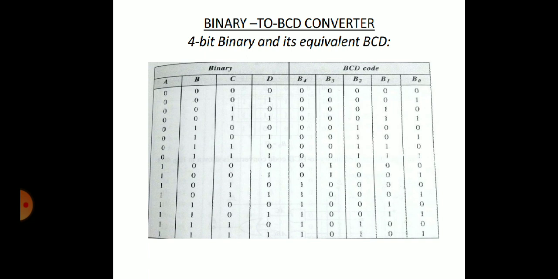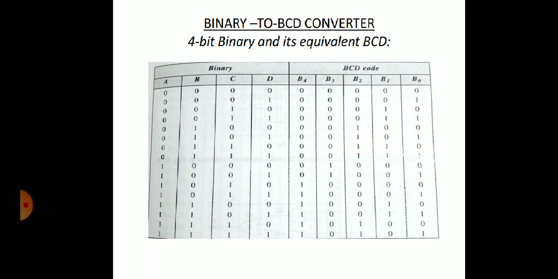Okay. The 4-bit binary code is converted into 5-bit BCD. Here we can see the 4-bit binary and its equivalent BCD truth table. First, 4 columns represent the binary number, and then these 5 columns represent the BCD codes.